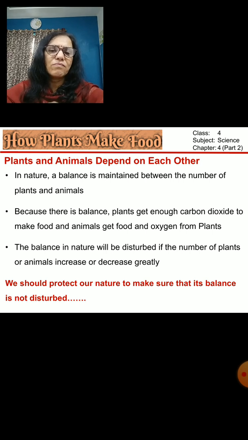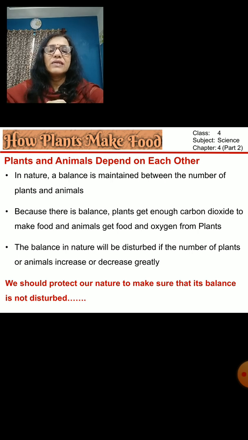So because there is a balance, plants get enough carbon dioxide to make food, and animals get food and oxygen from plants. The food we eat from the plants is in the form of fruits and vegetables, and in addition to that, we also get oxygen from plants.